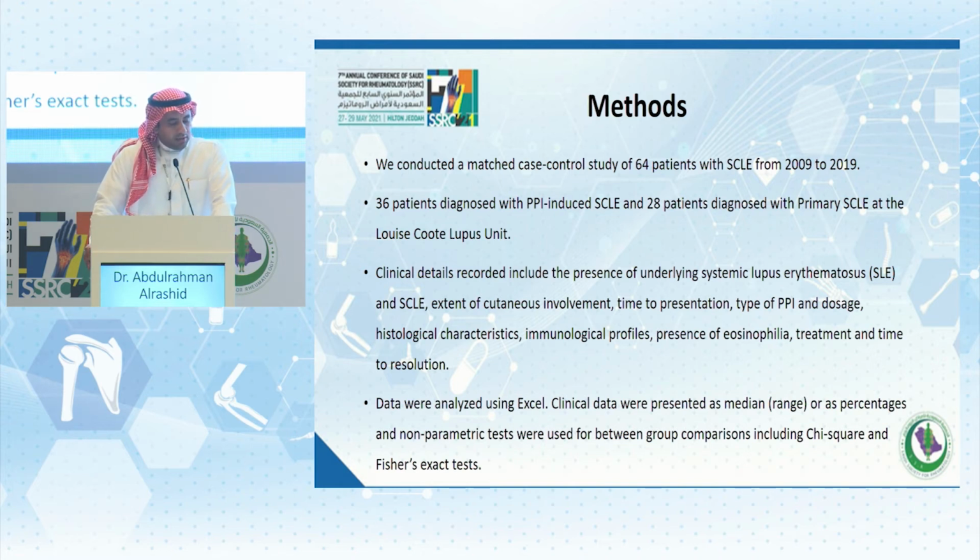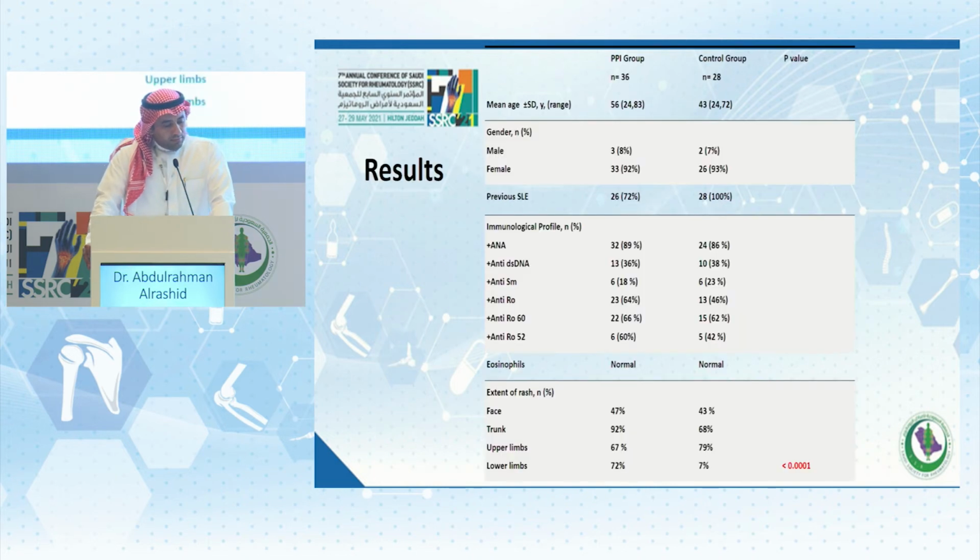The clinical details include whether there is any background of SLE or SCLE, or whether the patient is naive and just recently developed these lesions after initiation of PPI, the time from starting the culprit medication to the rash, the time to resolution, and the immunological profile.